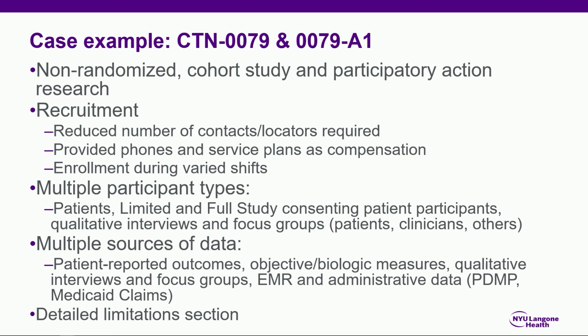There were limited and full study participants, some that were not interested in following or couldn't follow it because they lacked ability to meet eligibility criteria. And then we also had self-reported outcomes, objective measures, the qualitative interviews and focus groups.